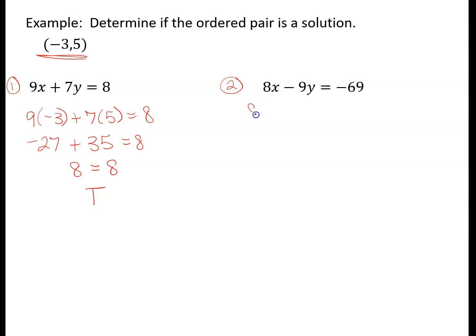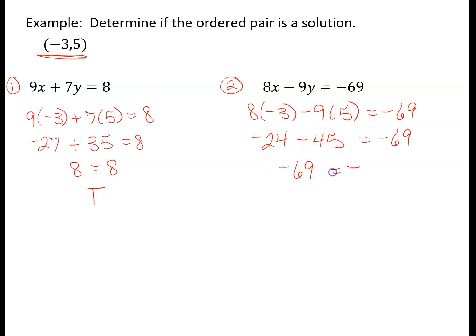So let's try it. 8 times negative 3 minus 9 times 5. And we're going to work that out. So it'll be negative 24 minus 45. Same sign, so we add and keep the sign. And it is also true.